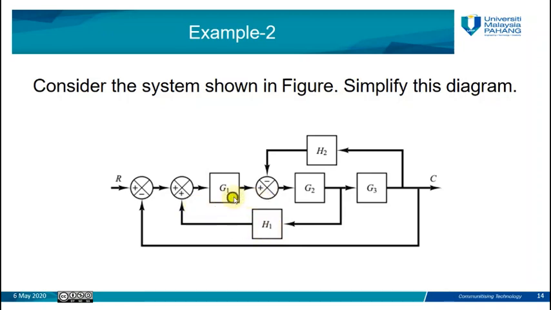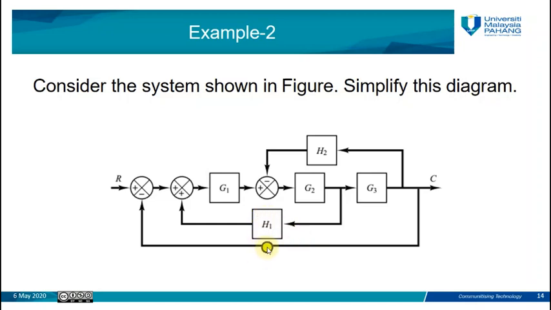No, because we still have the summing junction. Do G3 with H2 represent a feedback? Also no, because we still have a pickup point and another transfer function, which is G2.